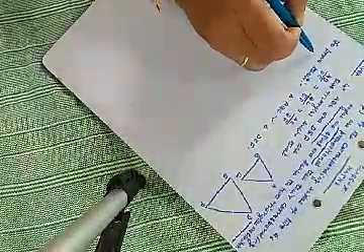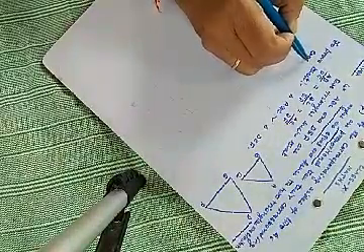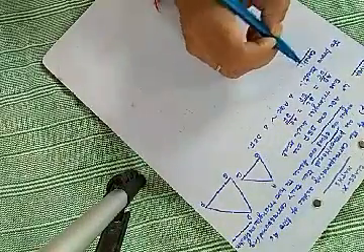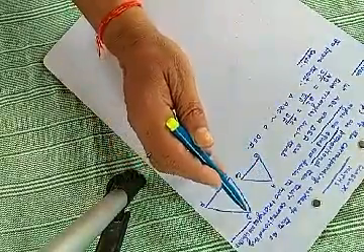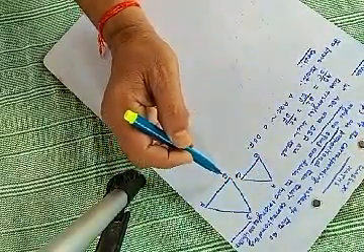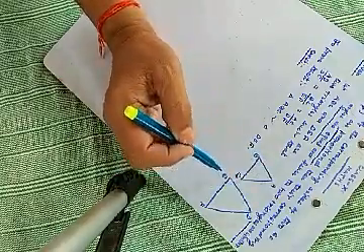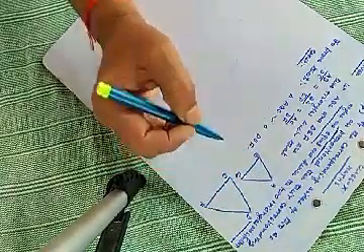Now construction. Let AB be smaller than DE and AC be smaller than DF.